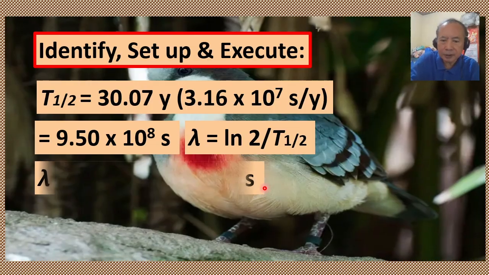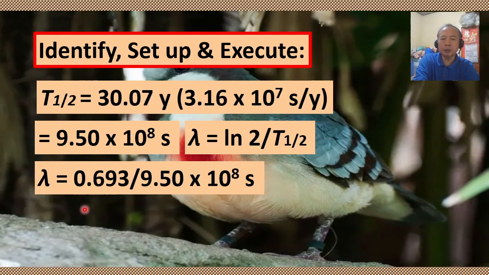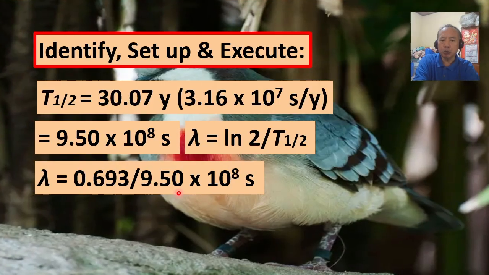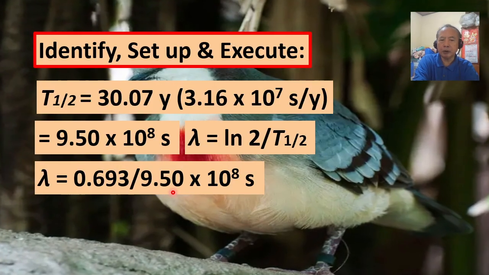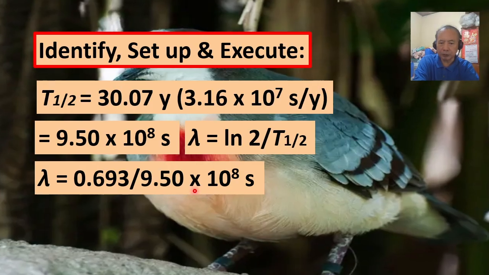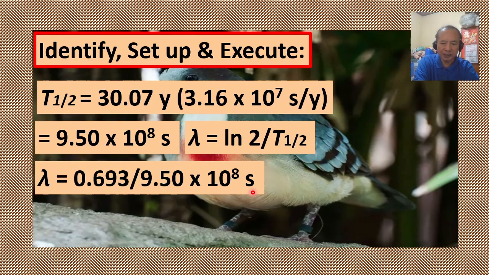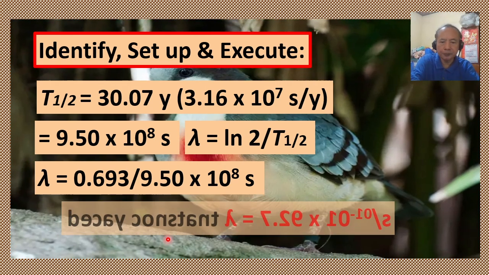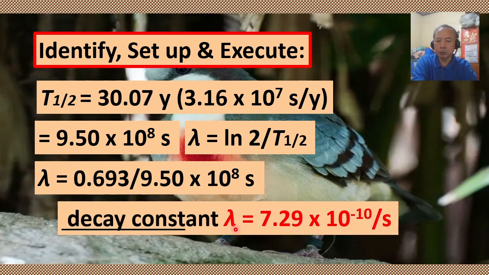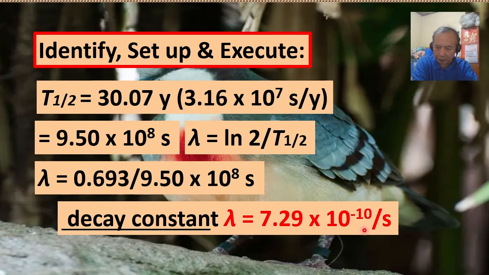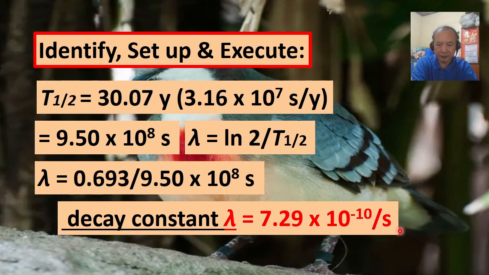That is lambda equals 0.693, which is the natural log value of 2, and then divided by the computed half-life in seconds, 9.50 times 10 to the 8 power seconds, we get the decay constant lambda equal to 7.29 times 10 raised to the negative 10 per second.